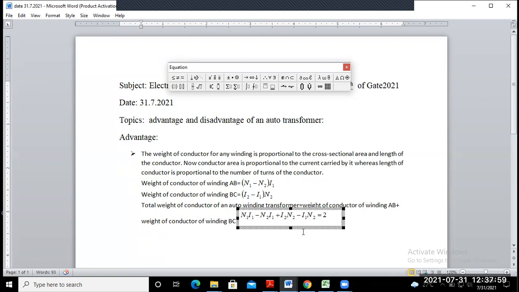So 2 times of, if you write here I1 N1 in place of I2 N2, N1 I1 minus 2 times of N2 I1, is it not?